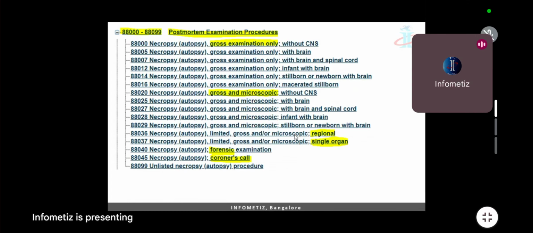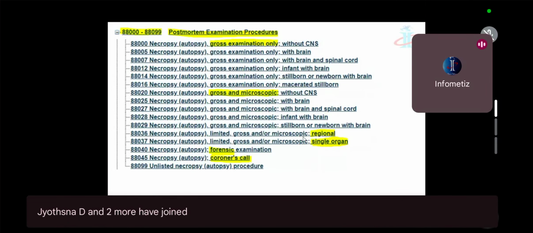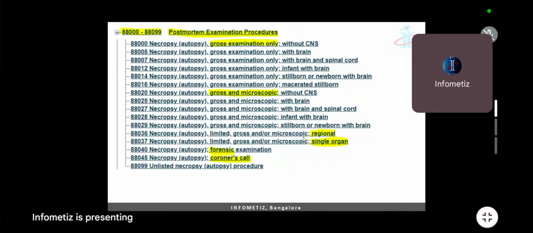Then 88036 is a limited gross or microscopic examination for the regional. It means we are not doing anything about the CNS, brain, spinal cord, anything. We are only taking a region. Suppose abdominal region, I am just checking the abdominal organs: stomach, liver, pancreas. That's all.